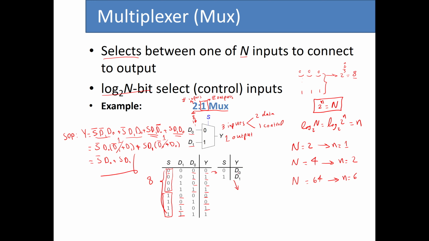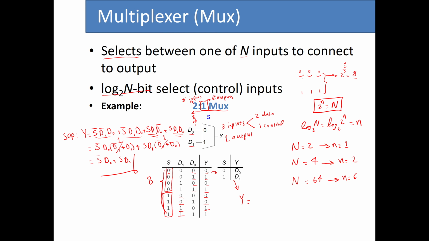So even though in this truth table we have Y to be D0 or D1, which we didn't cover before, you can think of it this way. In the sum of product form, we are basically writing all the minterms for which the output is 1, right? You can think of it this way. We basically multiply the minterm with the output.